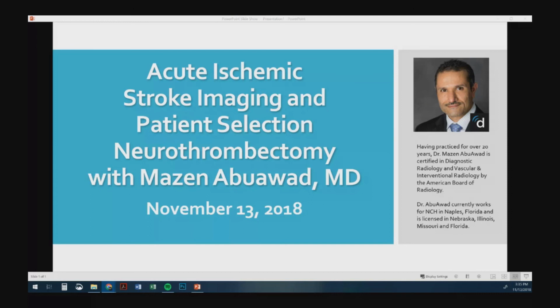I am an EM physician. If we streamline the protocol for stroke alert where we get a CT non-con and CTA head and neck, will this eliminate the need for MRA on the back end? Yes, absolutely. There's no need.